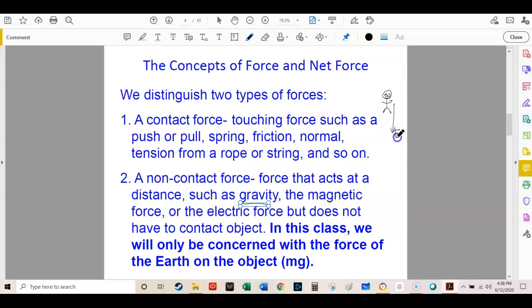So this is the force of the earth on you. And then you will actually be pulling the earth upwards. So this is the force of you working on the earth. You are not in physical contact with the earth when you're falling in the air. And so that is the force of gravity.